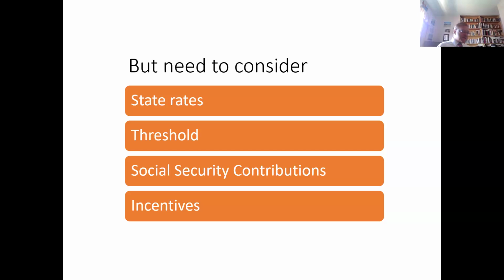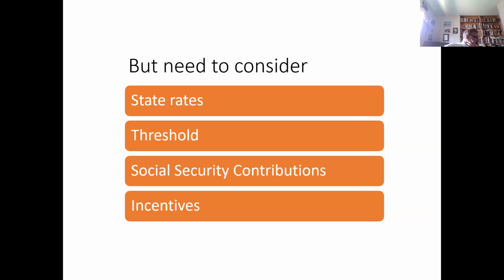Of course, other elements that you need to consider would be state rates. So in a federal system, you can't just consider the federal system, you have to consider the state rates. For example, in the United States, New York and California have particularly high state rates of taxation. And when you add in New York, the federal, the state, the city rates, you are talking about fairly high rates of taxation.